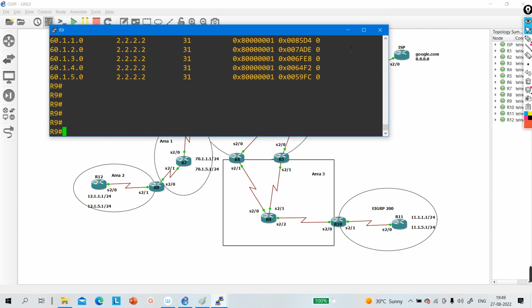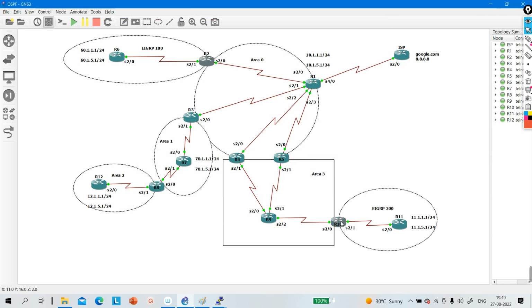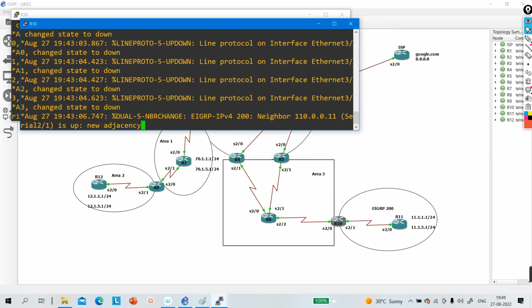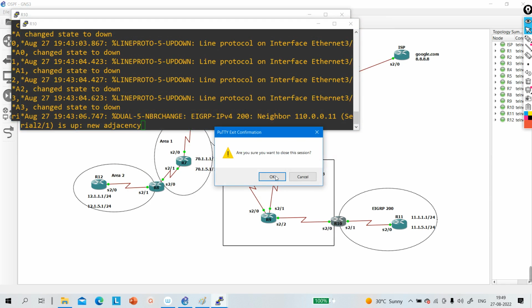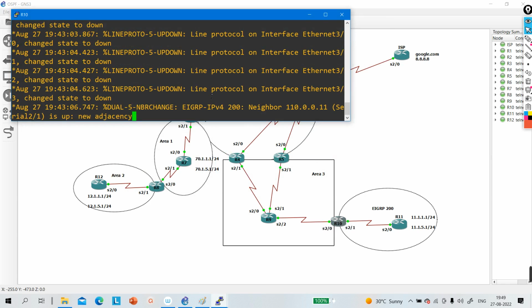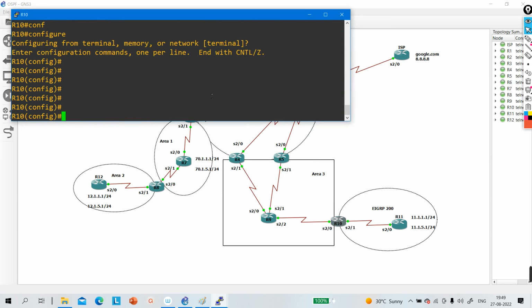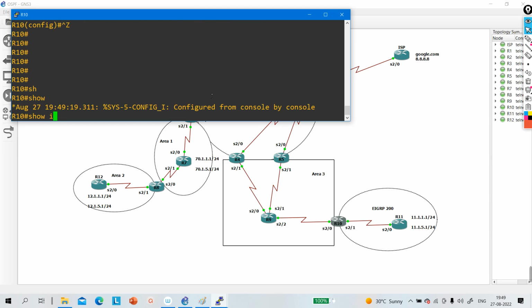Let me perform redistribution on router number 10 also, so that this router will also generate LSA 5 to share external prefixes of EIGRP 200. So go to config t, and let me verify how many routing protocols I am running here.